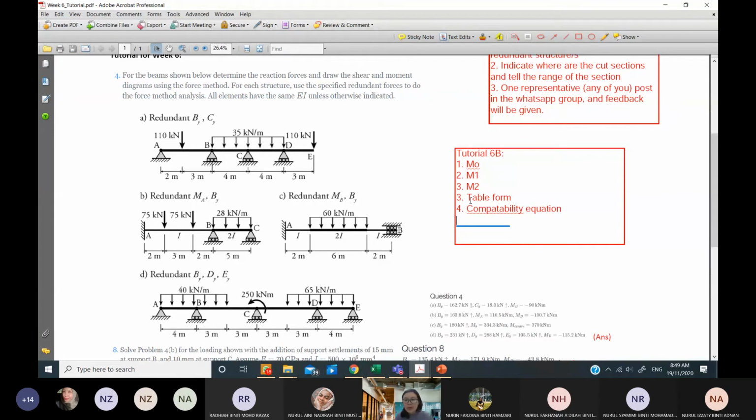And lastly, I want you to solve for the compatibility equation and the redundant solution. I think that's all we want to do.